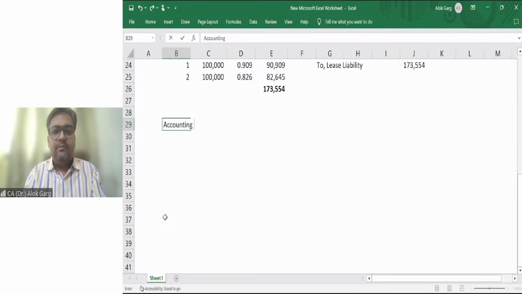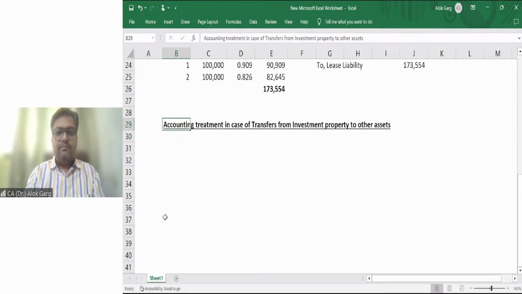Accounting treatment in case of transfers from investment property to other assets.